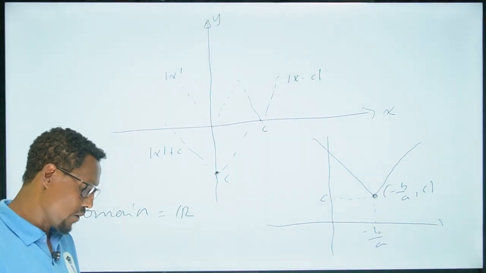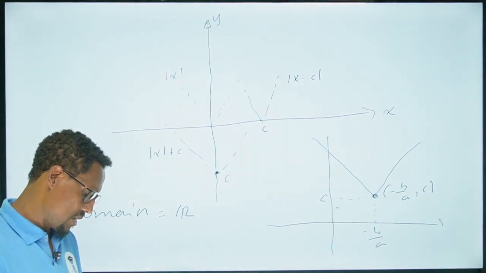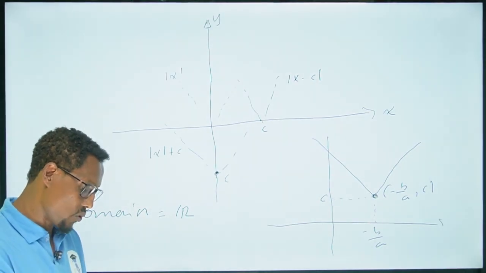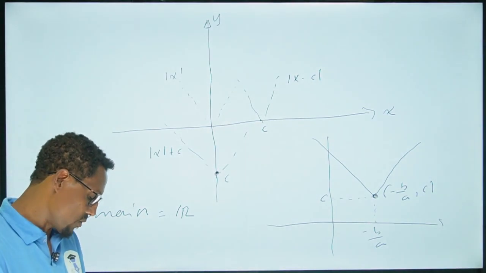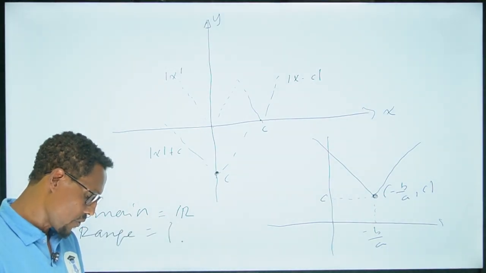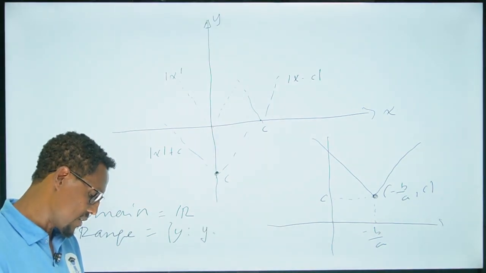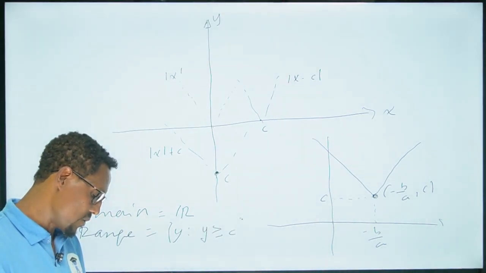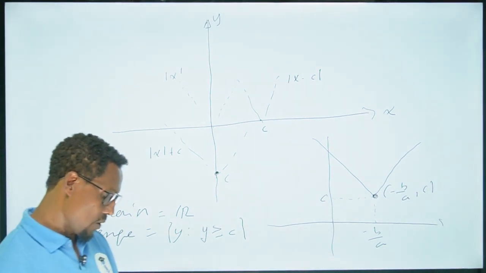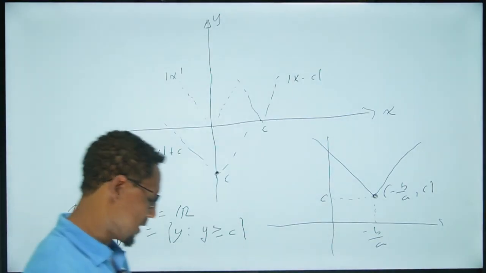But if you take a horizontal line, that means range, the range is greater than or equal to the line y is equal to c. So range is y such that y is greater than or equal to c for upward. For downward, y is less than or equal to c.